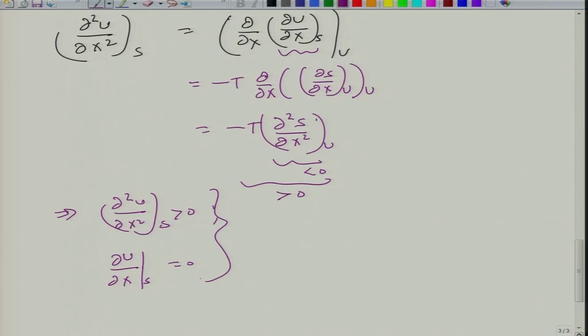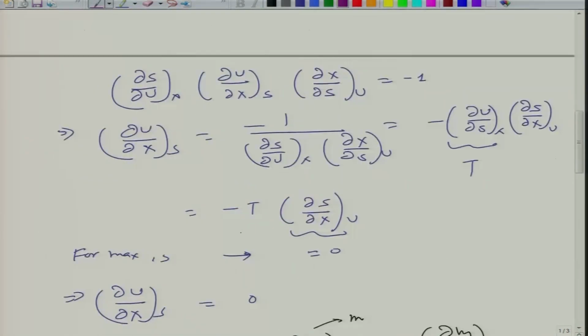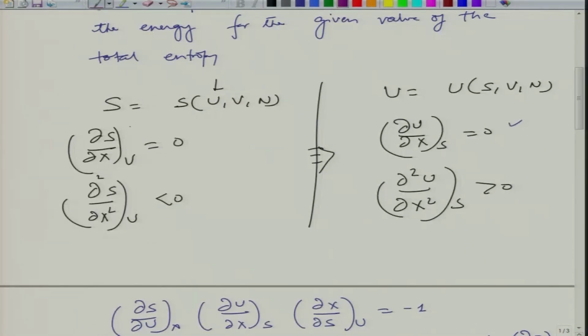So, this is something which we had derived, and that means if you look at the original question, this principle was used to evaluate the equilibrium conditions by maximizing the entropy for a given internal energy. Okay, this is equivalent to saying that u is minimum for a given entropy. So, that is an important aspect.